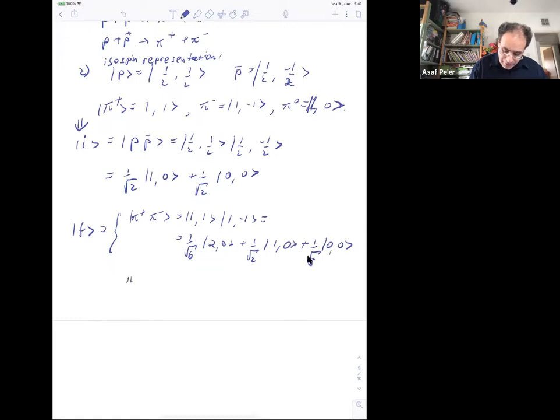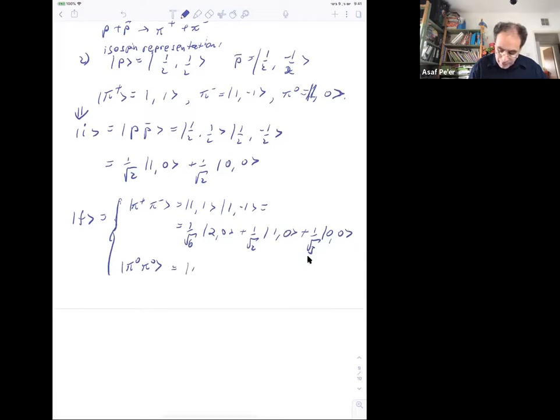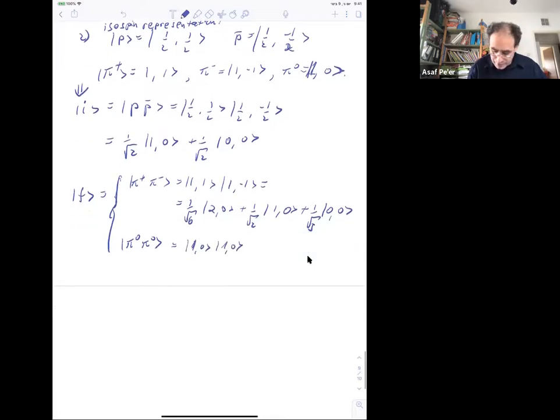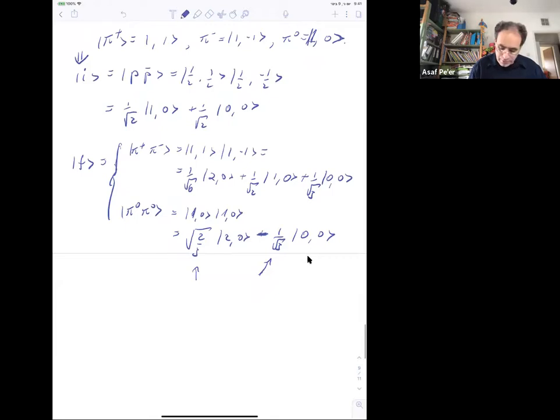Or we can have the pi 0, pi 0, because again, it's a 1, 0 and 1, 0. Looking at the Clebsch-Gordan table, this is equal to the square root of 2/3 of 2, 0 minus 1 over square root of 3 of 0, 0. All these numbers come from the Clebsch-Gordan tables.